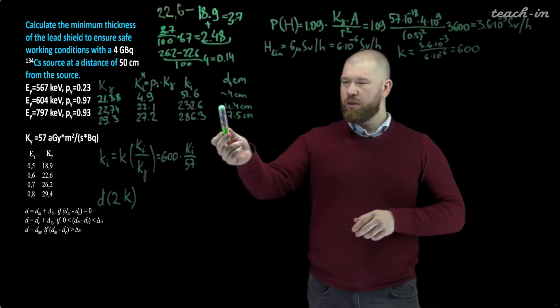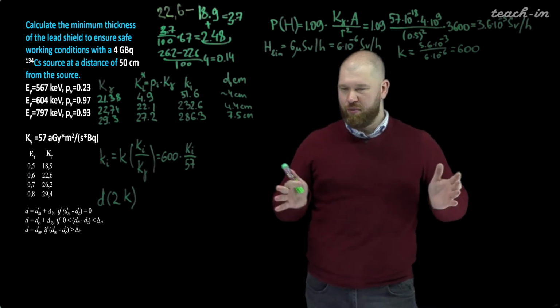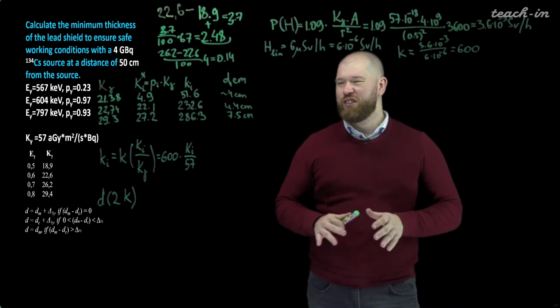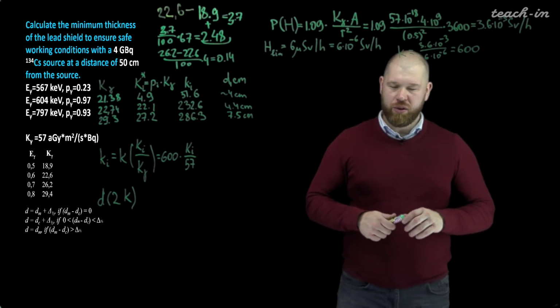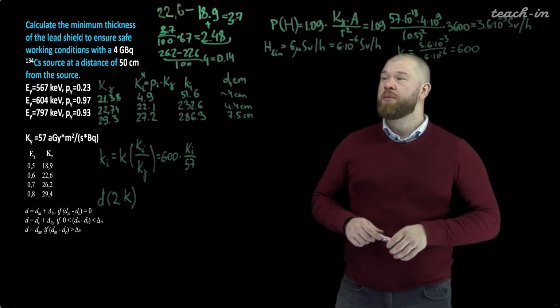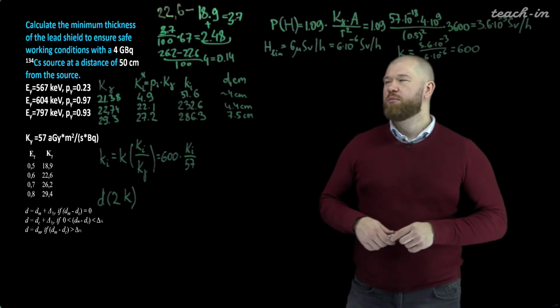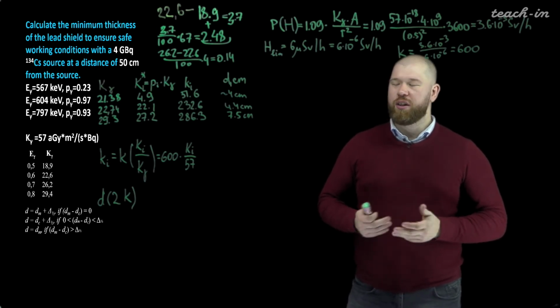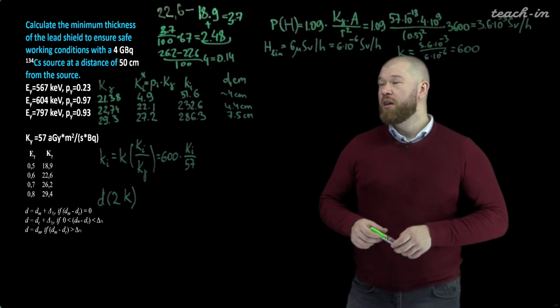Should we sum all these thicknesses? Then we will obtain quite a thick lead shielding that will definitely be enough. But when we calculate the thickness of lead shielding, it is not only a question of safety operations, but also some economical aspects of our working conditions.